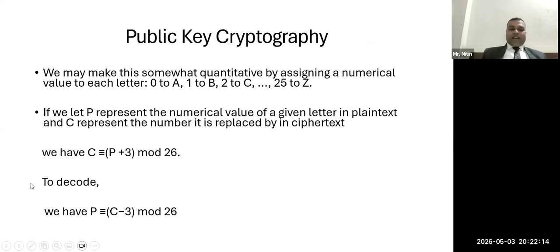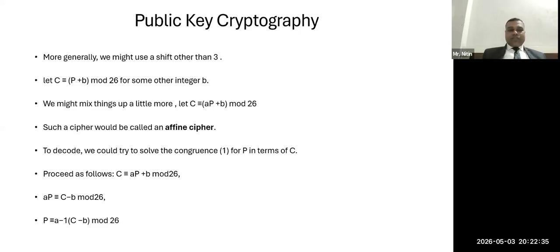Now this will get decoded, right? So here we got plus 3. It will get decoded by minus 3 so that the original message can be received. Okay. So P congruent to C minus 3 mod 26.